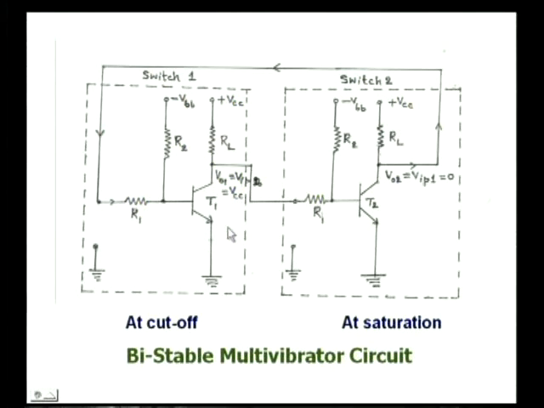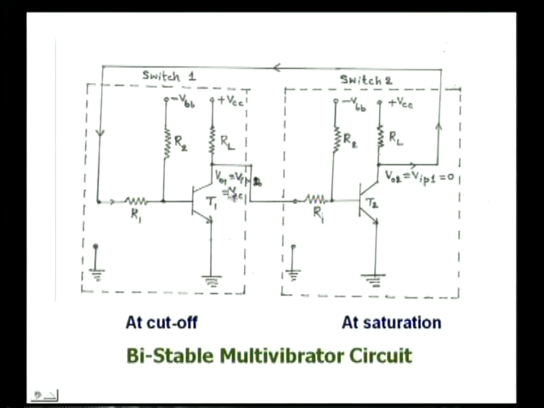So let us say initially the transistor T1 is in off state, that is at cutoff, and transistor T2 is in on state, that is at saturation. As we know, for an off transistor, the output at the collector terminal of the transistor is equal to VCC, which will be input to the base of transistor T2.